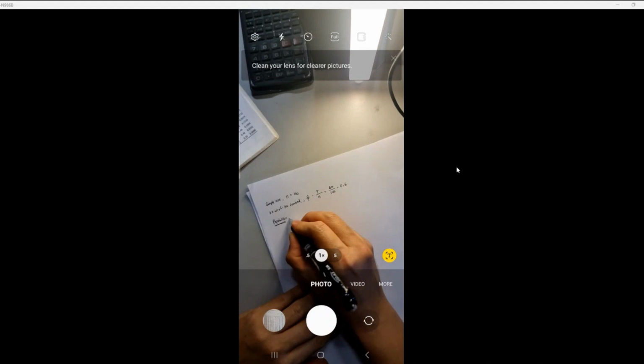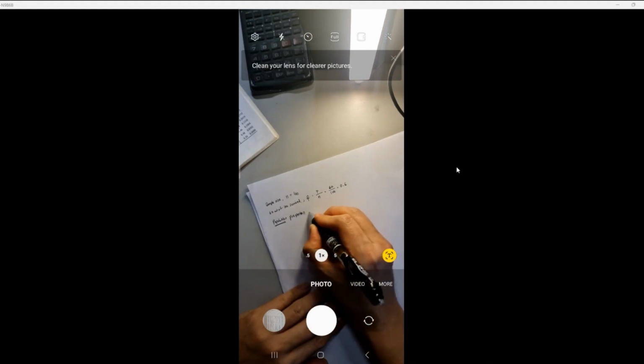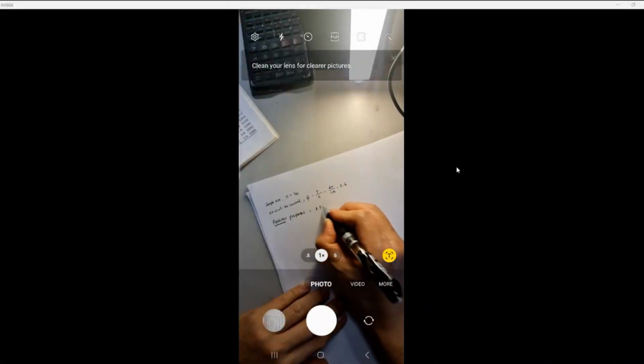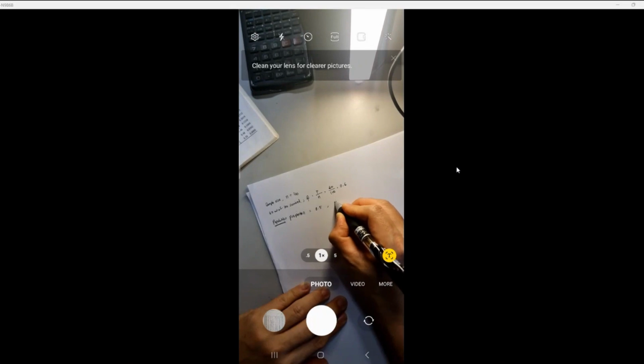The keyword is population, not sample. The proportion of survivors is 0.5 at significance level 0.05.